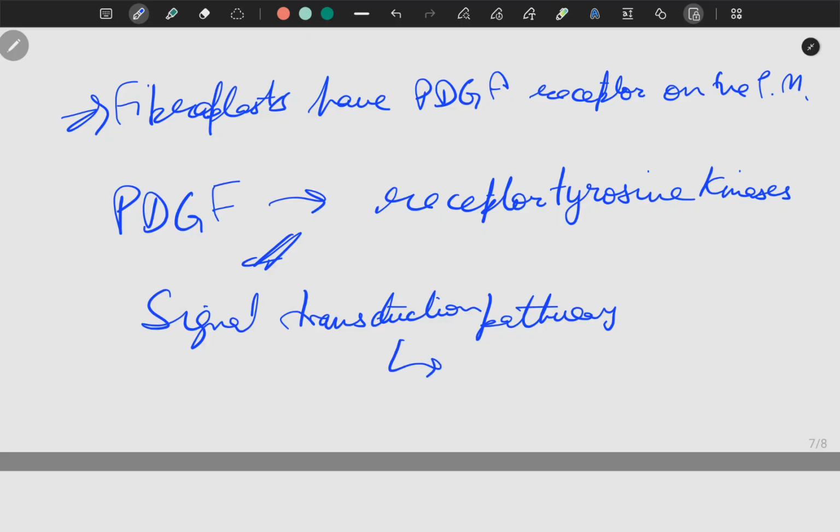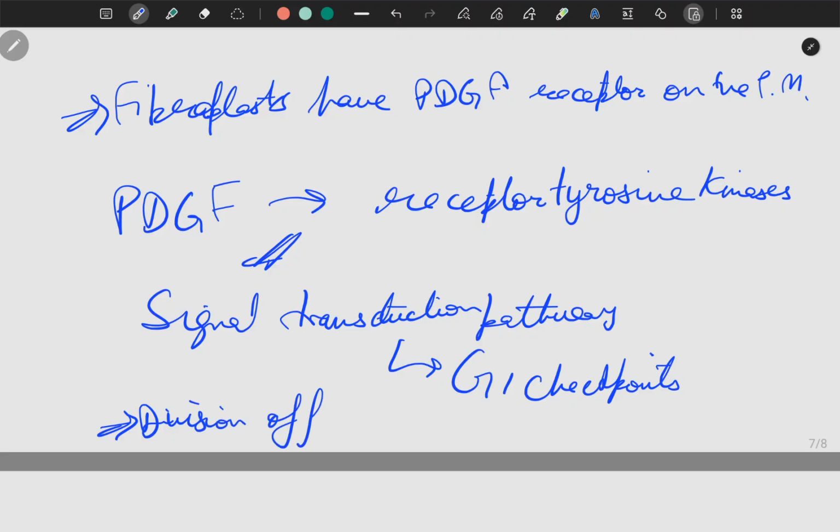This allows the cell to pass the G1 checkpoint, and then what happens next? You guessed it right. Division of fibroblasts.